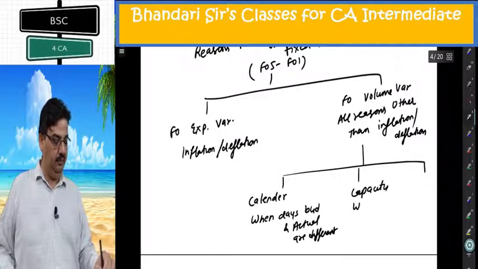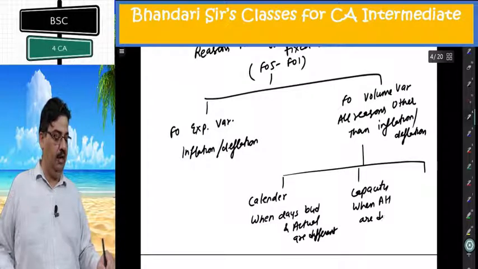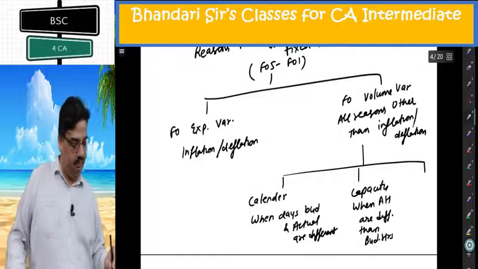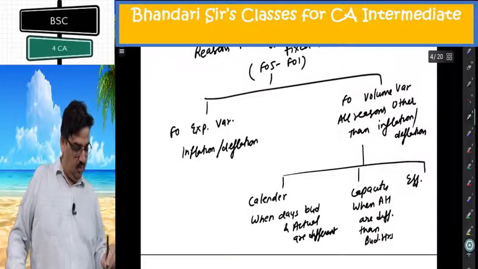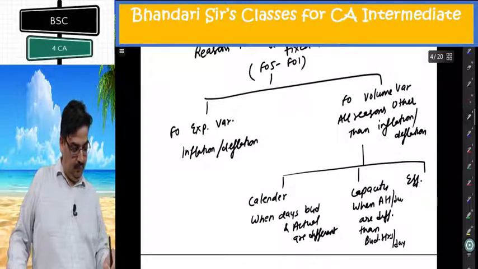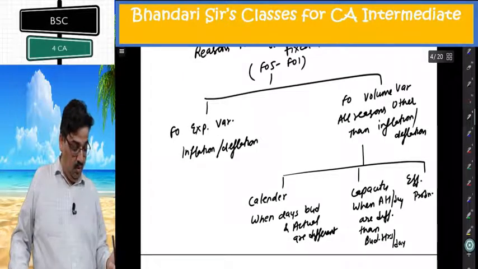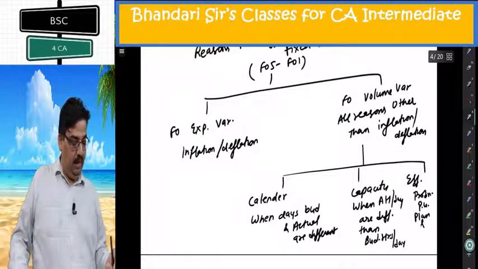Capacity, when actual hours are different than budgeted hours per day. Efficiency, when production per unit, planned and actual, are different.